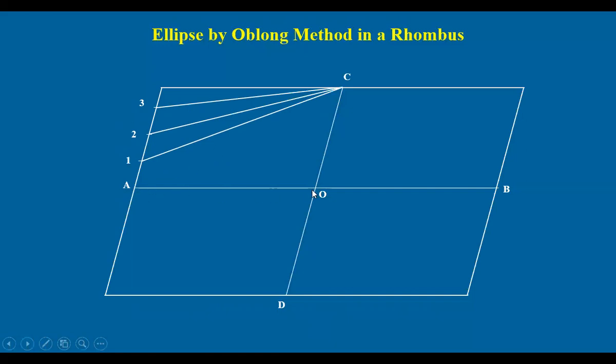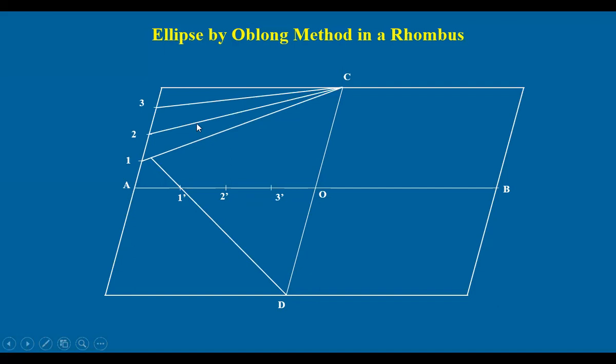Divide this AO also into the same number of parts. If you take 6 parts, you divide this also into 6 parts. So 4 parts are taken here, and these must be named from A only. These are named from A: 1, 2, 3. From A, on this side, 1 dash, 2 dash, 3 dash, like this. Join D1 dash and extend up to the first line.